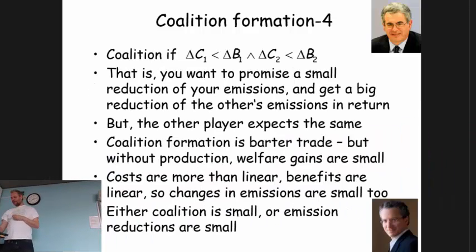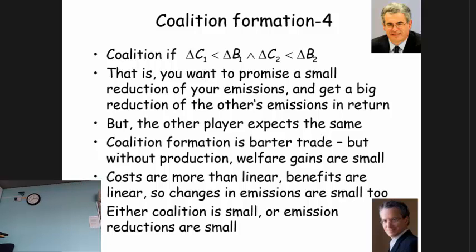So I'm willing to join a coalition with you if my increase in costs, because I consider your well-being, is small relative to my benefit, because you now take my impact into account. I want to do a little bit more so that you will do a lot more.